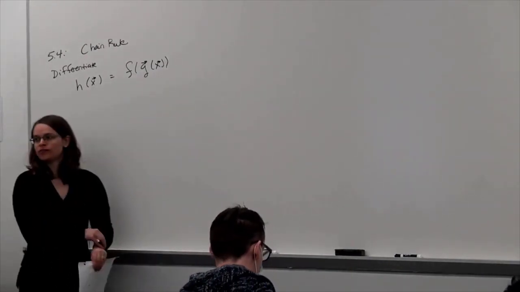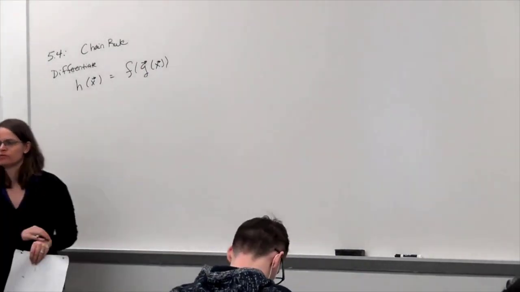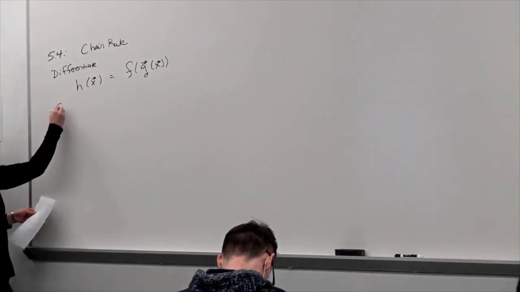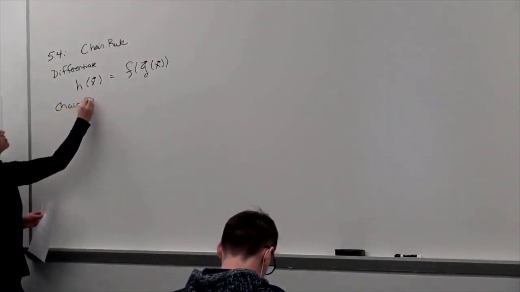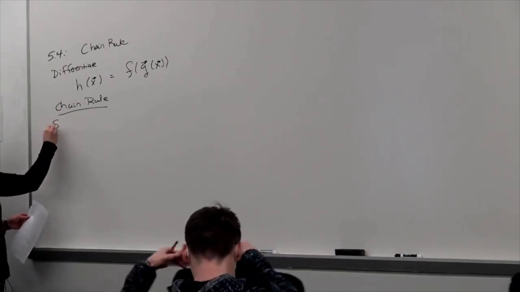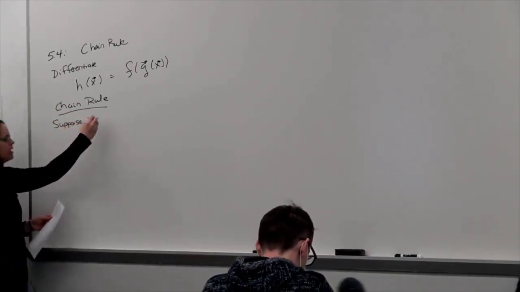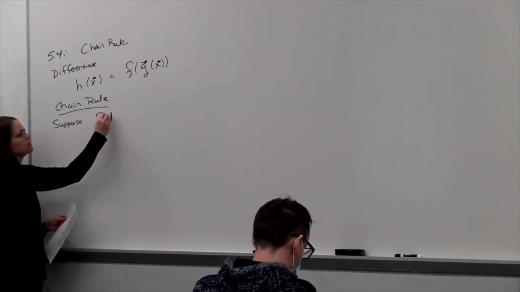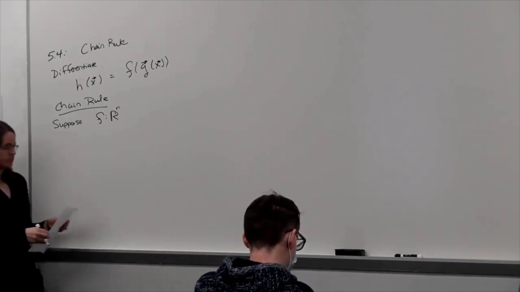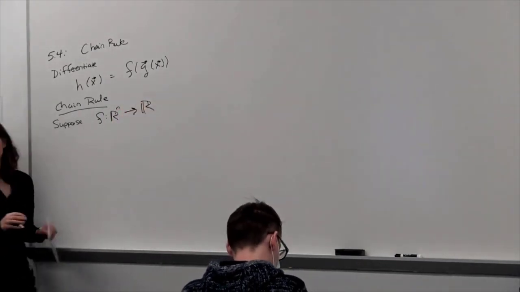So I'm going to write the theorem down, and then we're going to spend some time trying to convince ourselves that this is true. So here's the theorem. Let's write this all down carefully. So let's suppose f takes inputs in Rn and spits out values in R, so spits out real numbers.